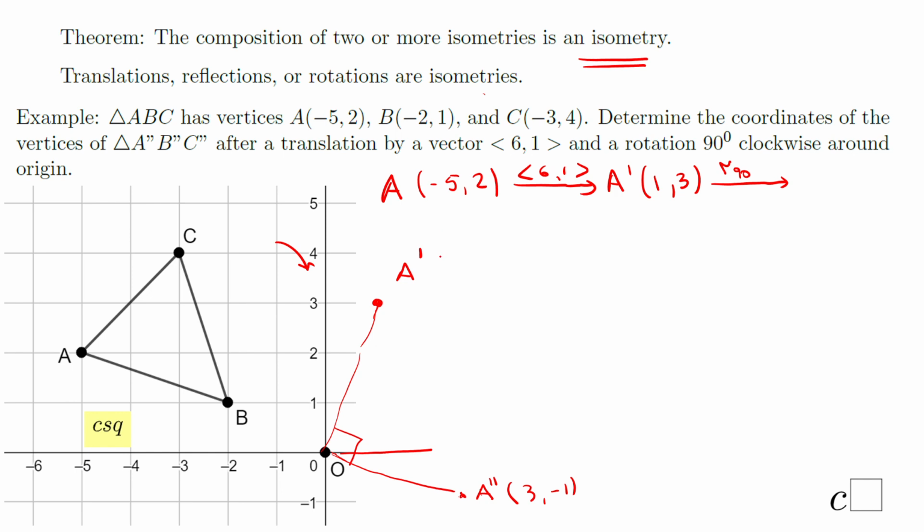Okay, so 1 and 3 becomes 3 and -1. So what will be the rule here? Okay, if I have xy, the rotation 90-degree clockwise around the origin will be what? If you notice, y goes first now, right?